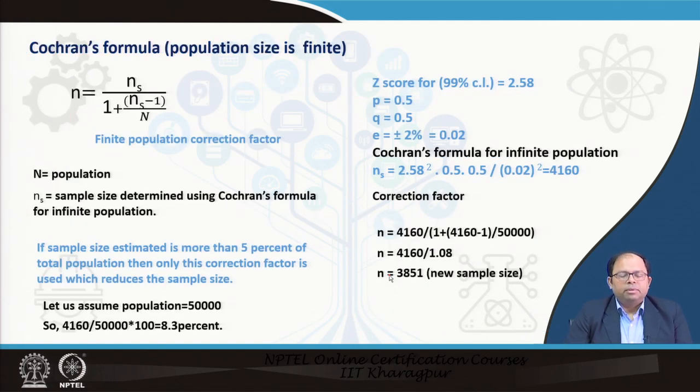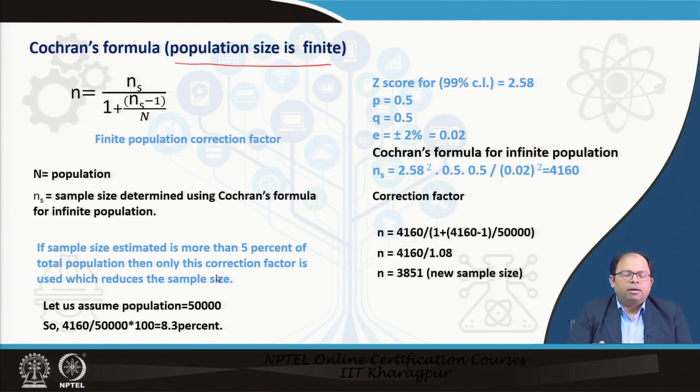The previous formula by Cochran talked about when population size is infinite. But if I have a finite population size, that means we have a large population, but it's still finite, and the sample size estimated is more than 5% of the total population, then we need to incorporate a correction factor which can reduce the sample size.